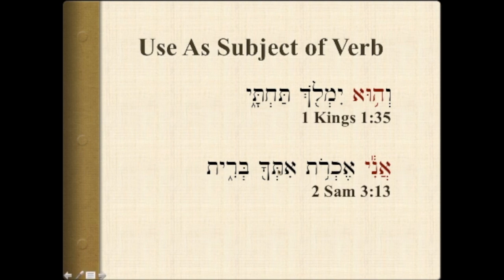I will cut with you, or make with you, a covenant. And again, strictly speaking, the subject is already in the verb, but the ani is used in addition, again, perhaps for emphasis. Perhaps there's been a change of speaker. One would have to look at the larger context.